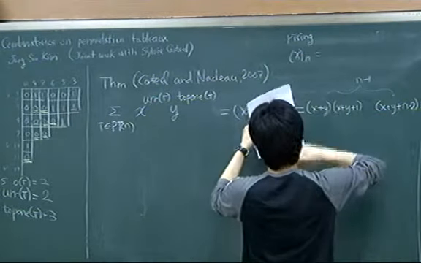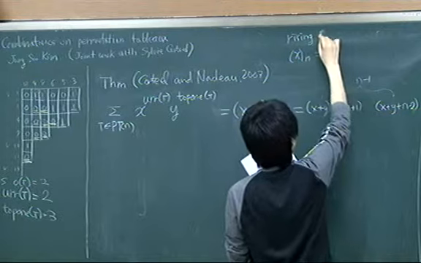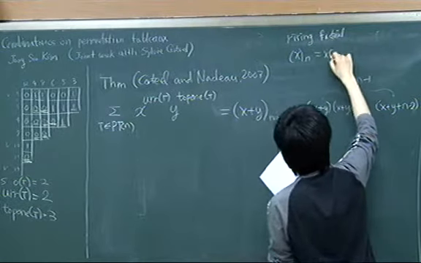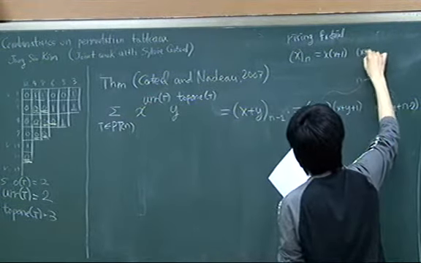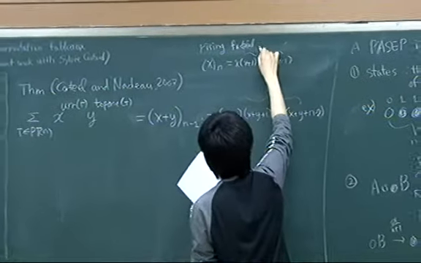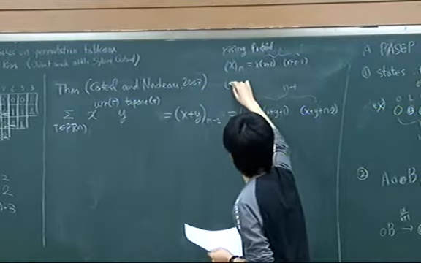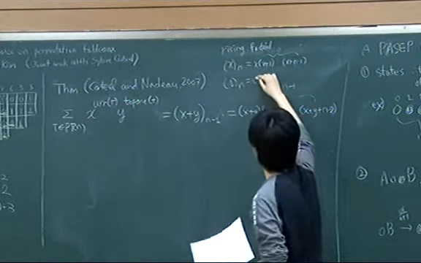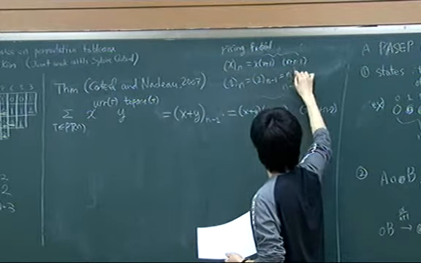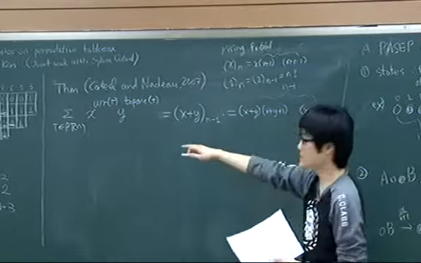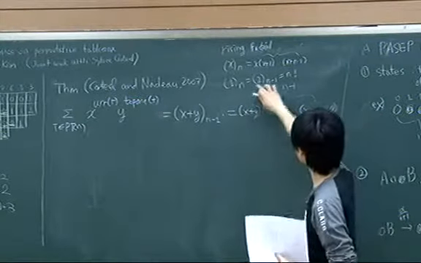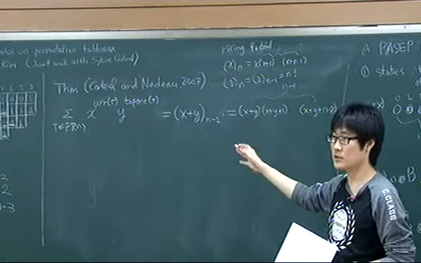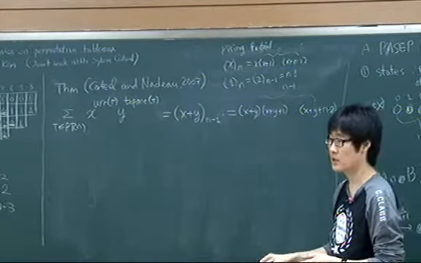So we have terms increased by 1. So of course, with x equals 1, the rising factorial of n is n factorial. So if x equals y equals 1, it is 2 rising factorial up to n minus 1, which is n factorial. So it counts the same number as the permutations.